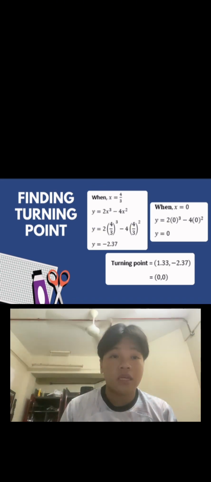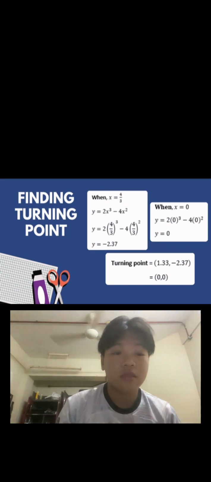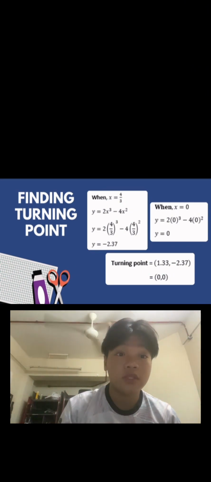For the second y, x = 0 is inserted into the function: 2(0)^3 - 4(0)^2, and y2 is 0. That's how you get the turning points for this question.